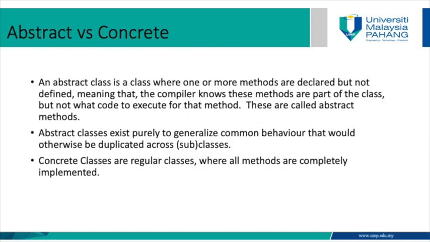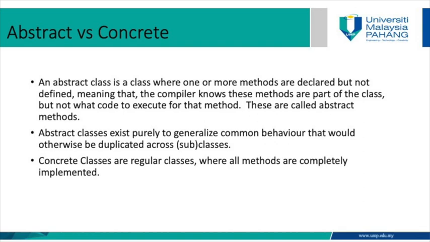So now let's see the differences between an abstract class and a concrete class. What you are using right now is the concrete class, where all the methods are completely implemented. That is the concrete class. So what is an abstract class actually?